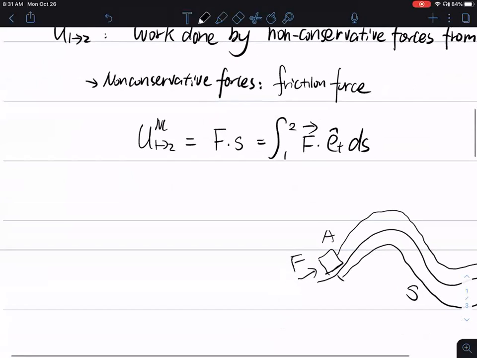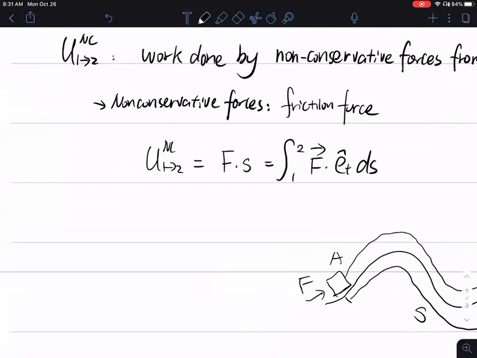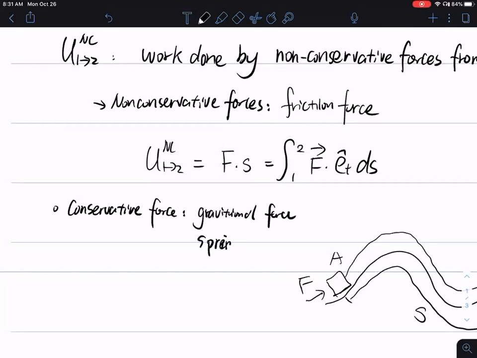But at least I can tell you what forces are not non-conservative. We have another type of force called conservative force. That's gravitational force and spring force. So all the weight force, all gravitational force, and spring force are conservative forces.